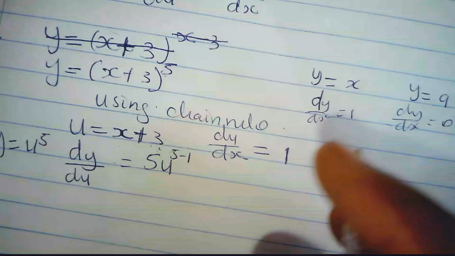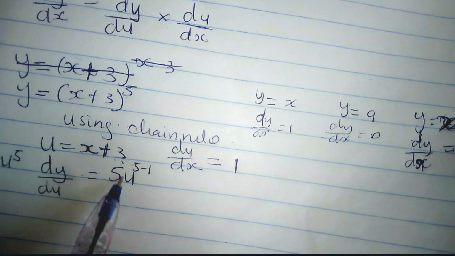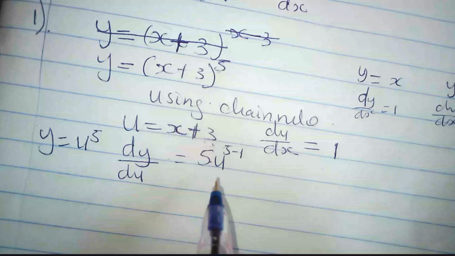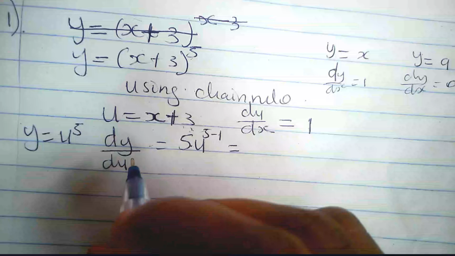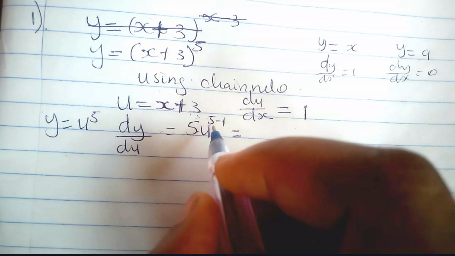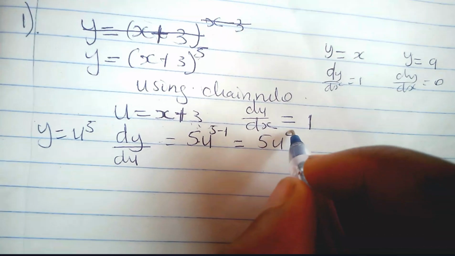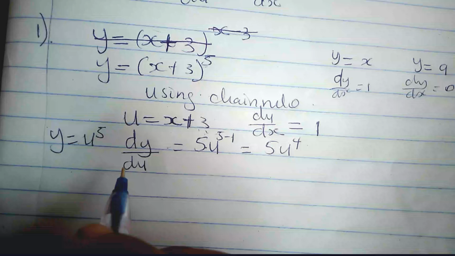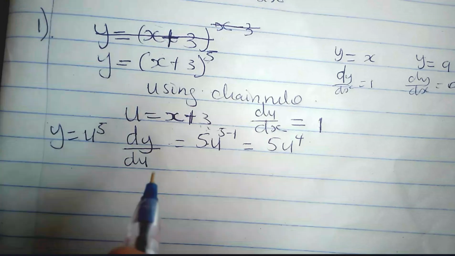That's the rule. So I'm bringing down the 5, like here where the n was brought down, and we're going to subtract 1 from the power, so that we're going to have 5u raised to power 4. That is the derivative of y with respect to u.